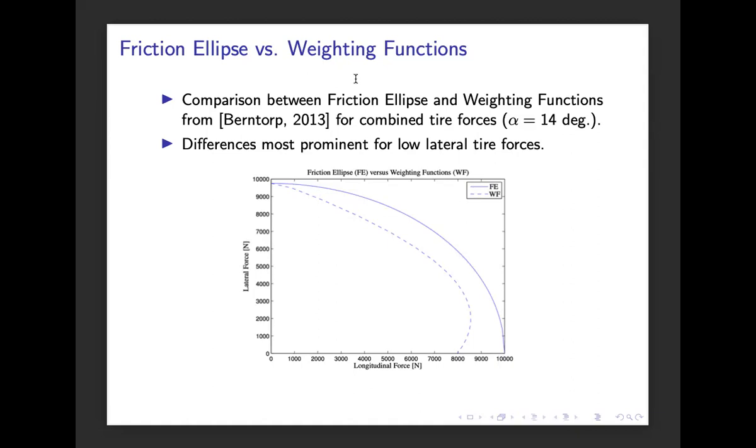So, if we look here, this is a quarter of the ellipse. And the assumption behind it is that we cannot have full lateral force and longitudinal force at the same time. So there is a limit to the resultant force that we can get out from the tire.